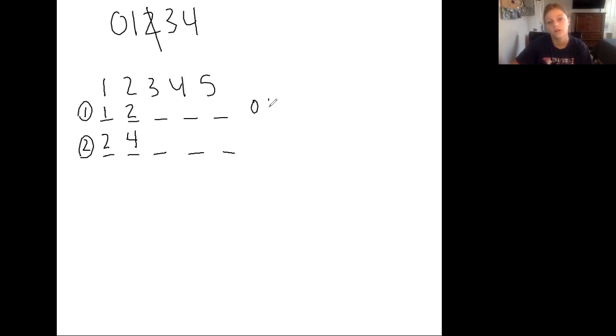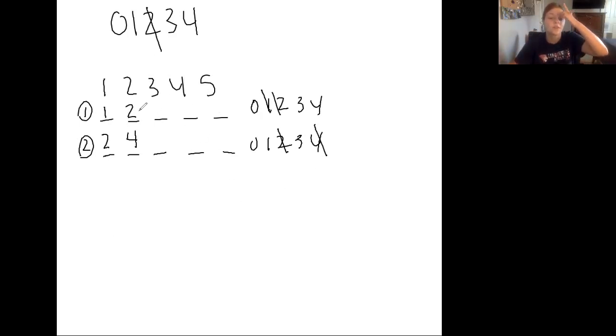So for my third digit, what could I have as my third digit? Could I have 0 be the third digit? I could, because then I have 3 and 4, and 3 and 4 are both greater than 0. So I'm going to make another world.